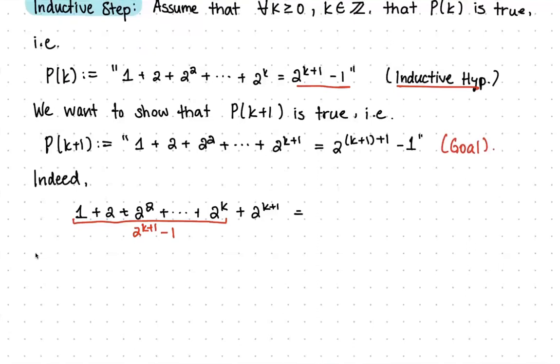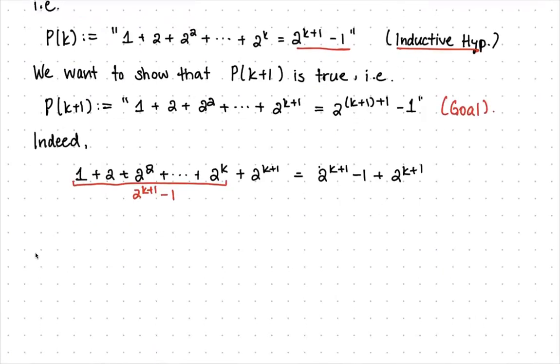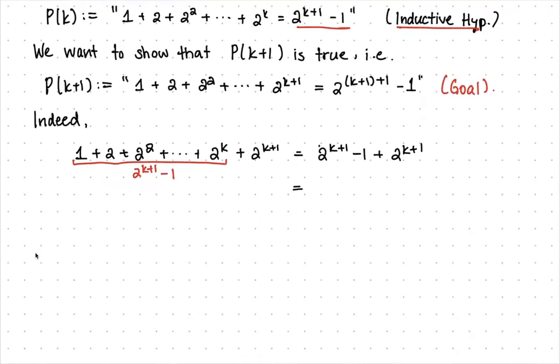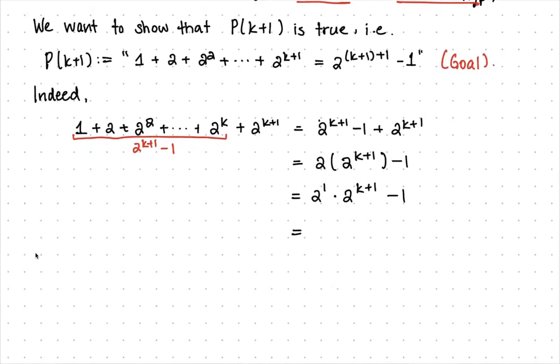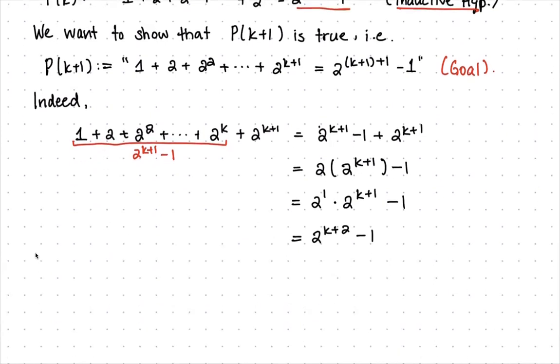So this becomes minus 1 and then plus 2 to the k plus 1. Now we could common factor out the 2 to the k plus 1 so that we have two of them, 2 times 2 to the k plus 1, minus 1. Note that I could write this as 2 to the 1 times 2 to the k plus 1 minus 1. And because we have multiplication of the same base, we just need to add the exponents. So that ends up being 2 to the k plus 2 minus 1. So that's it.